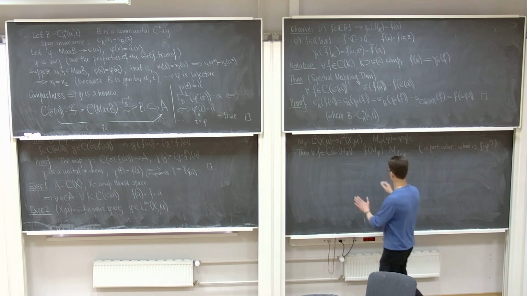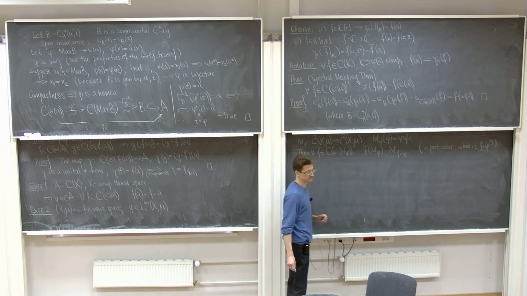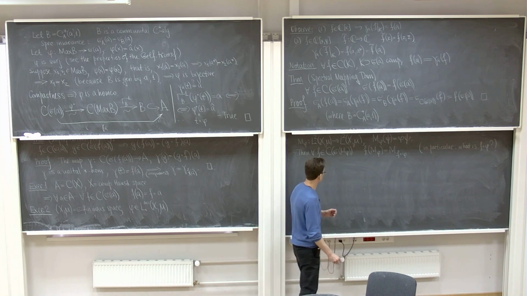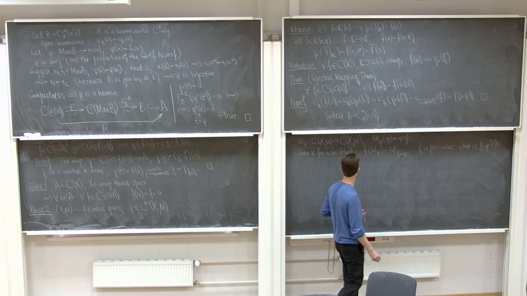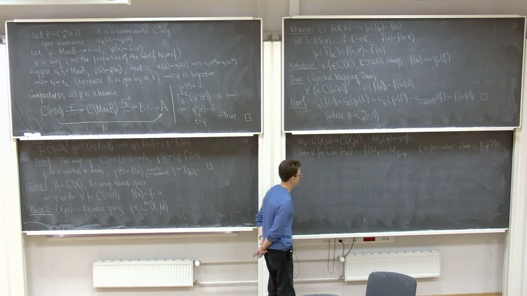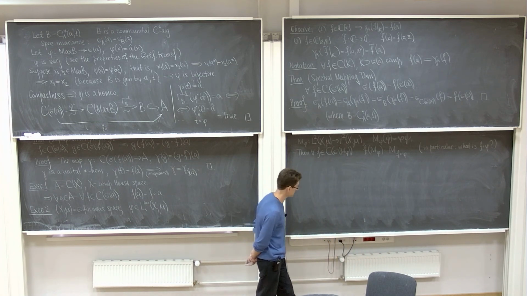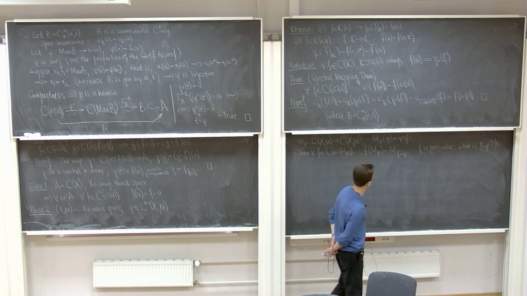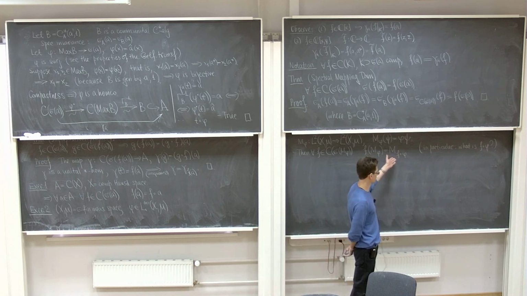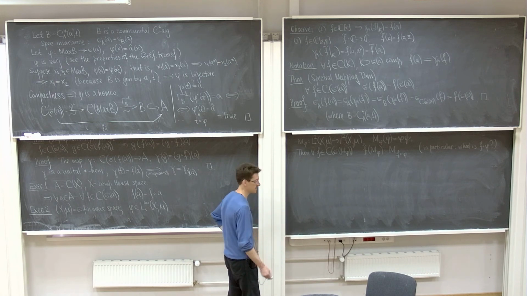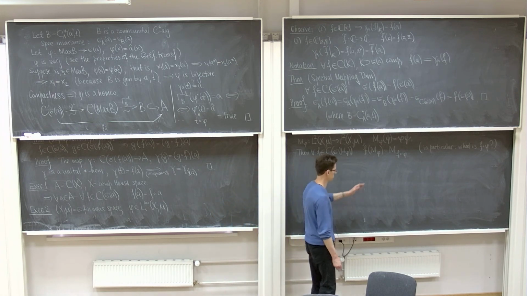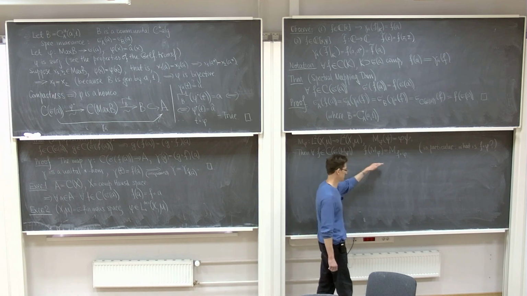The spectrum is the essential range of phi, which in general doesn't contain the range. But in some sense this formula is true, and the exercise is to understand the composition of f and phi, and to prove this formula.